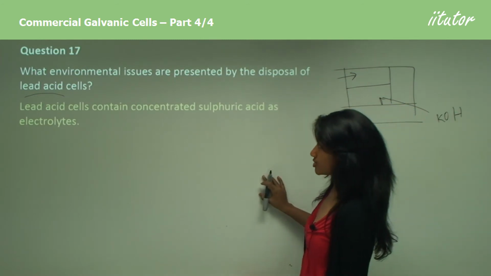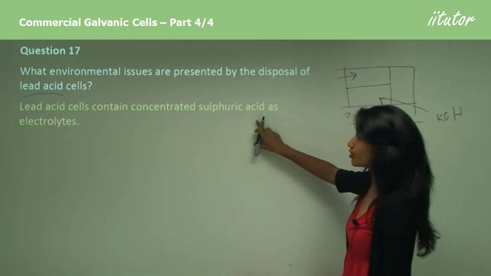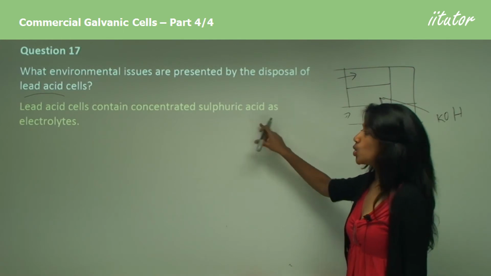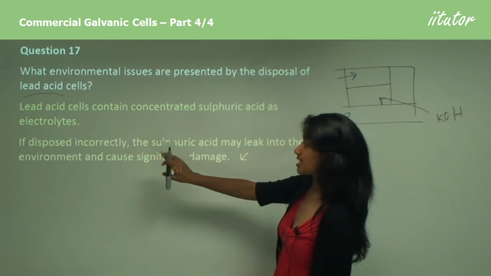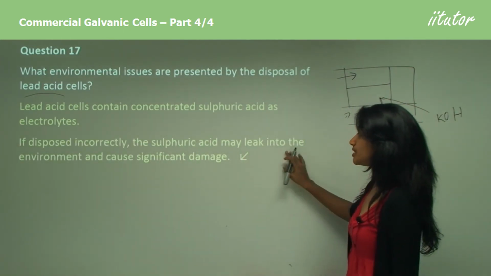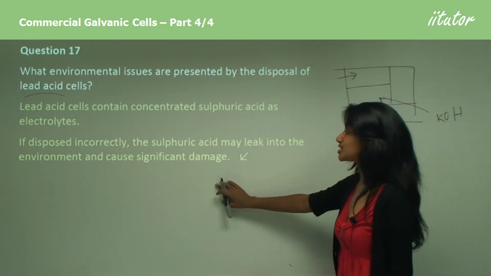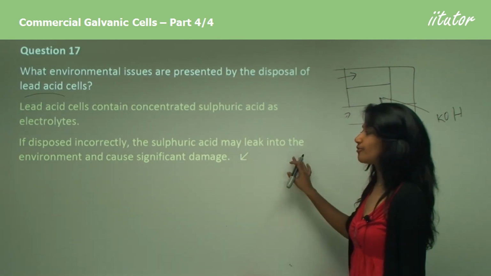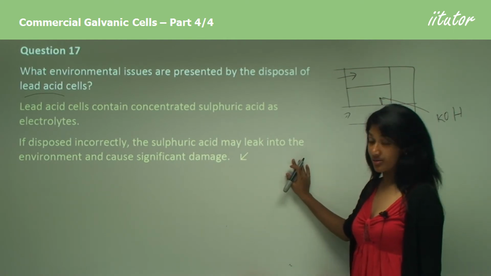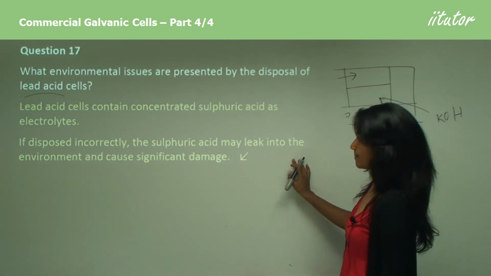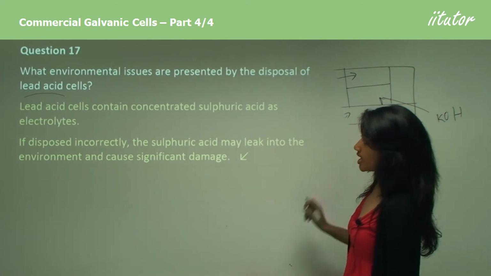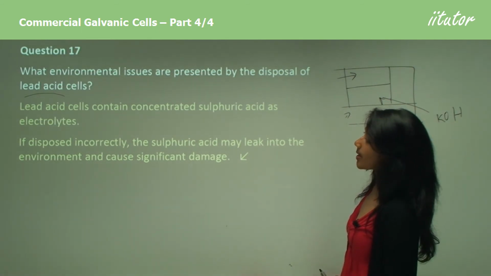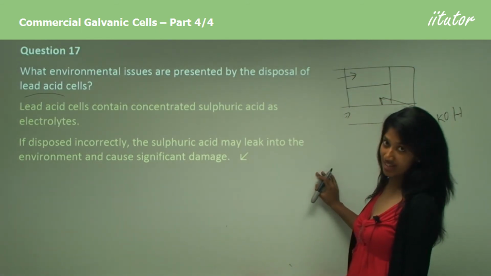Lead acid batteries contain concentrated sulfuric acid as electrolytes, which, if disposed incorrectly, would leak into environment and cause significant damage because it's so corrosive and caustic. Sulfuric acid can pose very significant environmental damages. So that would be your answer for question 17.